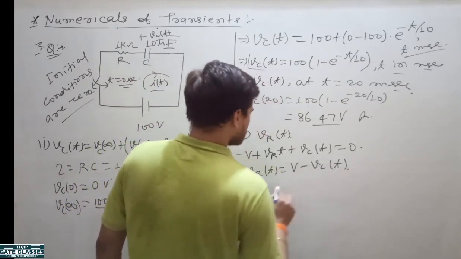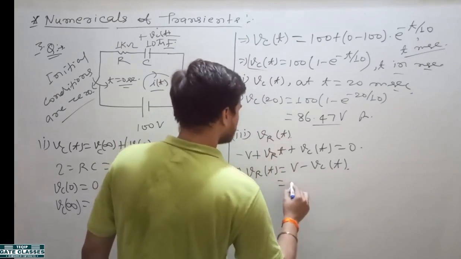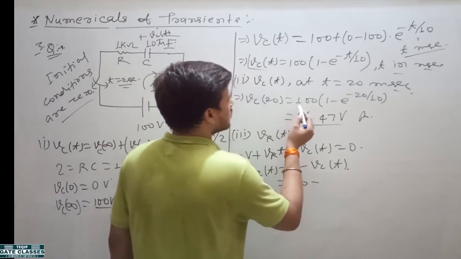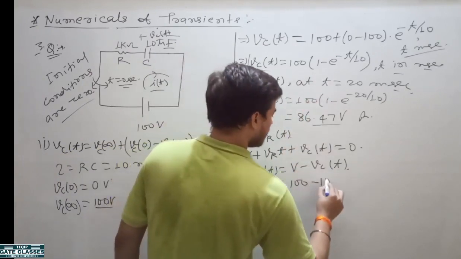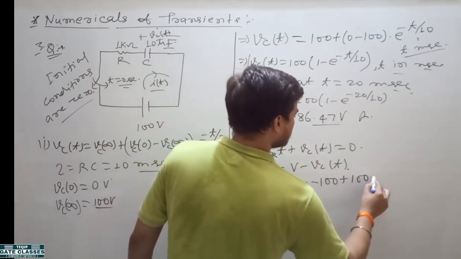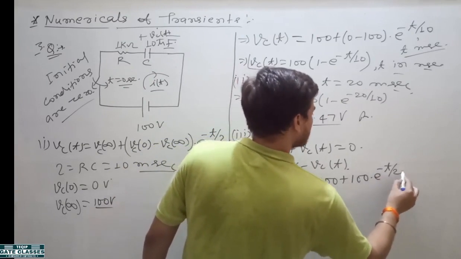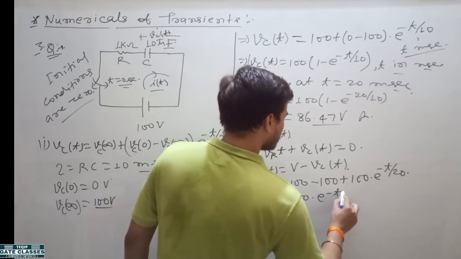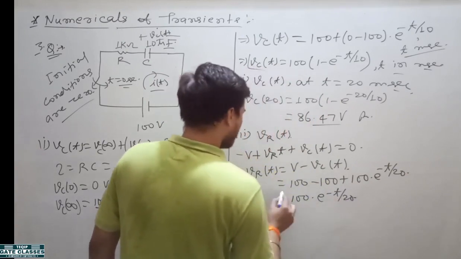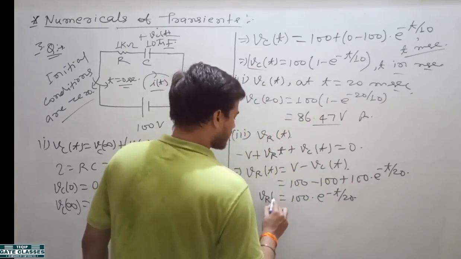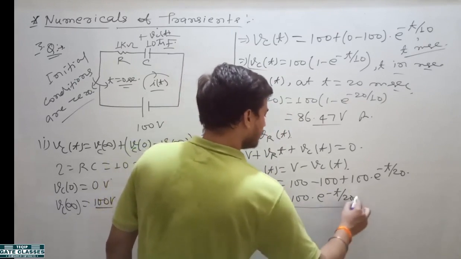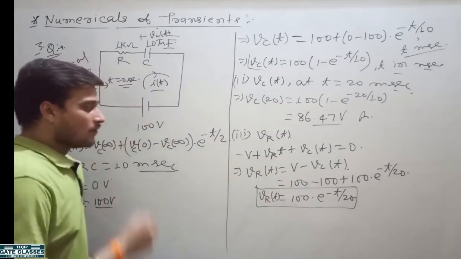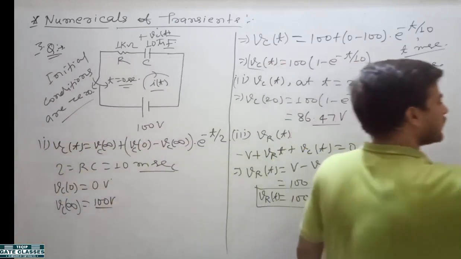Here V is equal to 100, minus VC(t). So VR(t) comes out as 100 into e to the power minus t by 10, where t is in millisecond. Clear? So this is the expression for the voltage across this resistance.